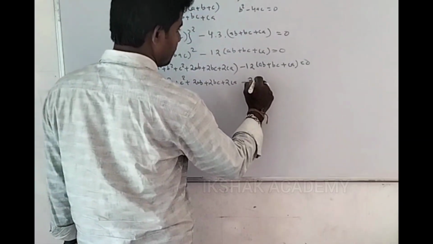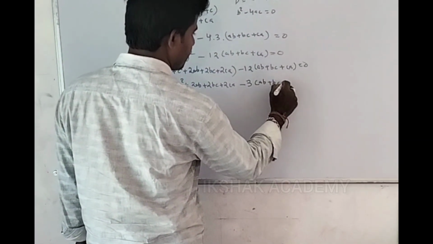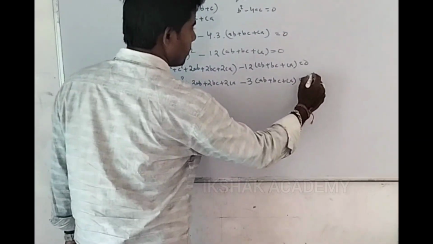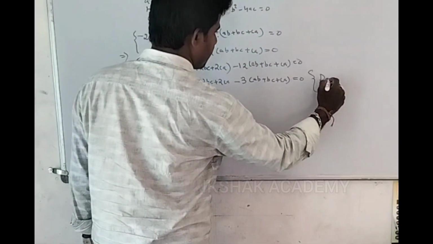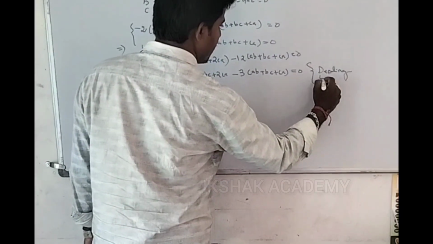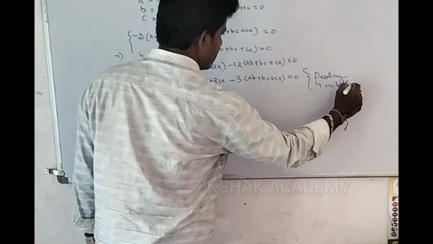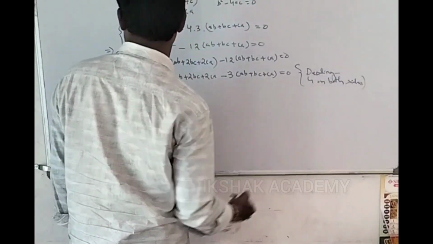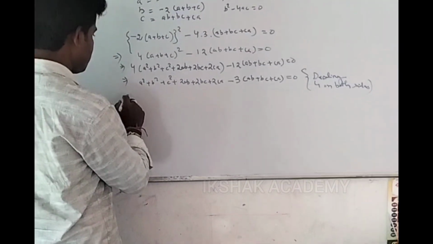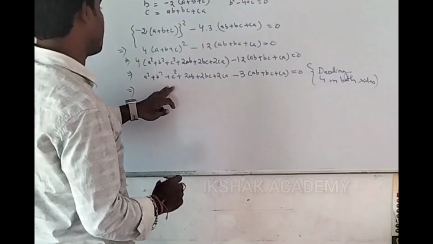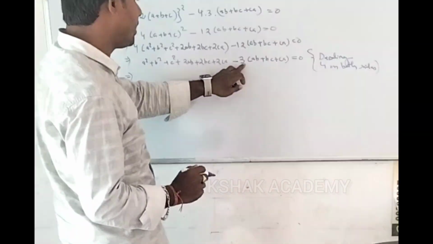Divide by 4, 3. Dividing 4 on both sides. Okay. So a square, b square, c square, 2ab, 2bc, 2ca. Here 3.